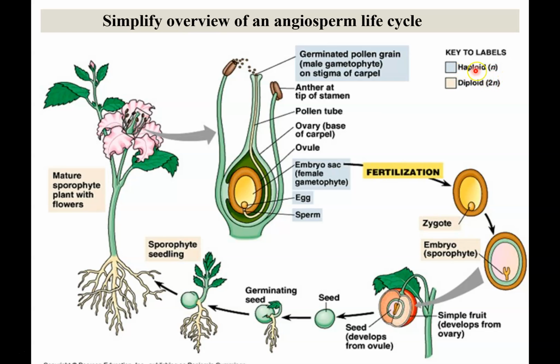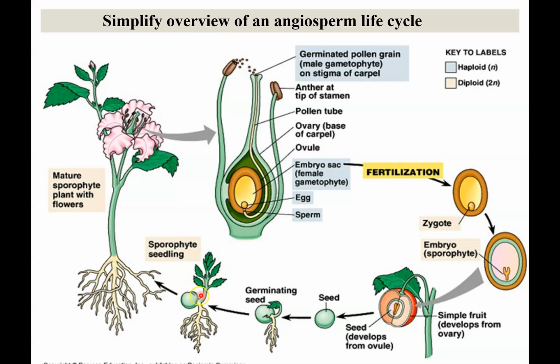The haploid is shown in blue and the diploid in beige. If we start here with a seed that contains an embryo, that seed is going to germinate. You plant the seeds in, let's say, a laboratory experiment or at home in a garden. Those seeds contain an embryo, and germination is the further development of the embryo into a developed plant known as a sporophyte.